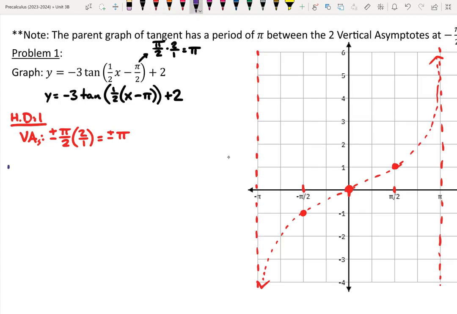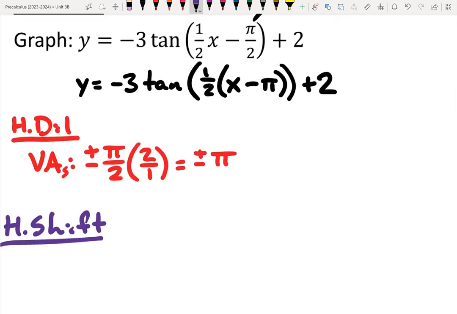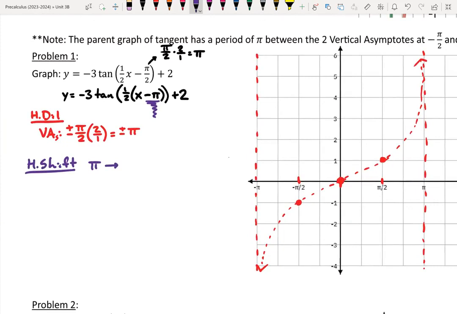Next, we have our horizontal shift. What is our horizontal shift, guys? Pi. Remember, that's the value that we got after factoring out. So it's pi, but pi in which direction? To the right. All right, so we're going to go ahead and take all of that, including our vertical asymptotes.